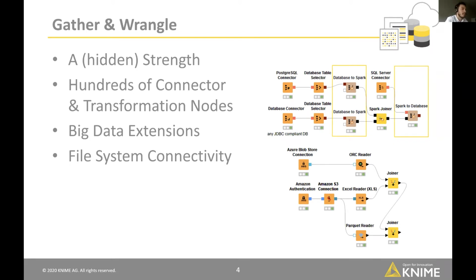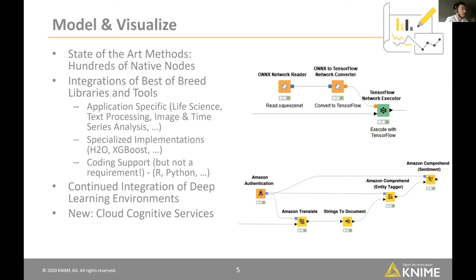You can read data from cloud providers, from Excel files and CRM systems, etc. You can perform data manipulation, you can do ETL, and then you can also apply machine learning models.